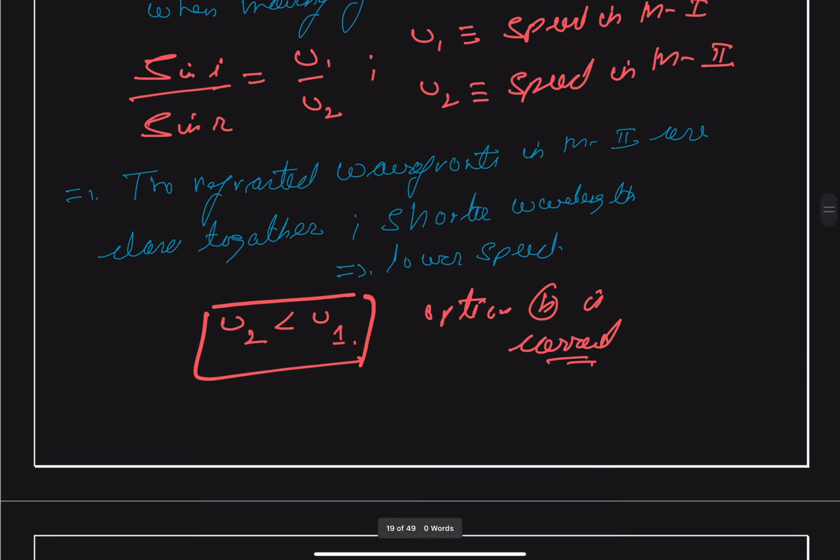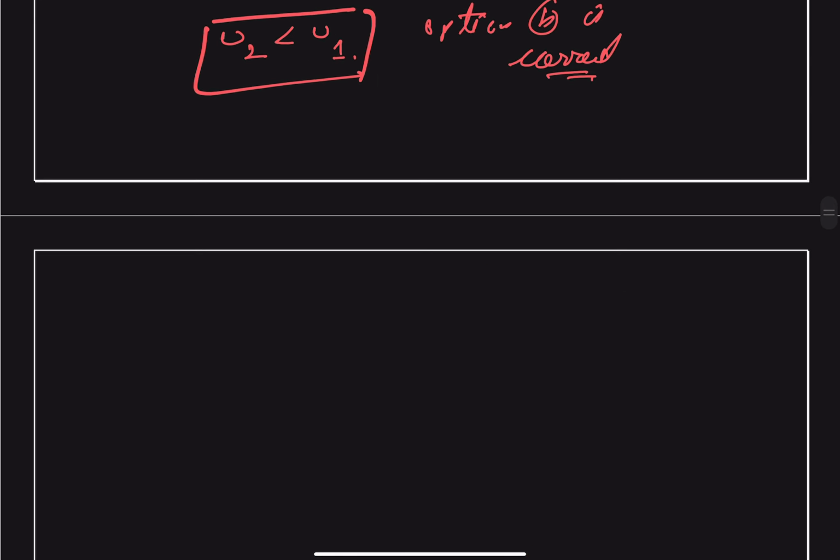We have AB and CD, which are the two wavefronts in medium 1, and the other two are EF and GH, the wavefronts in medium 2.